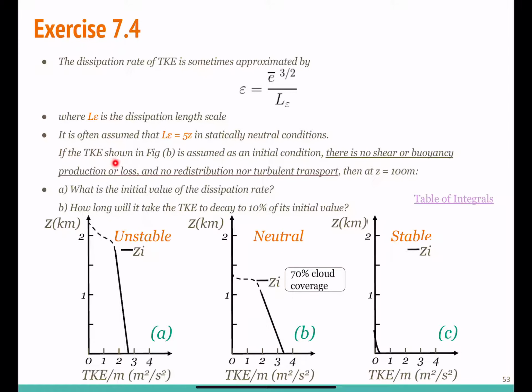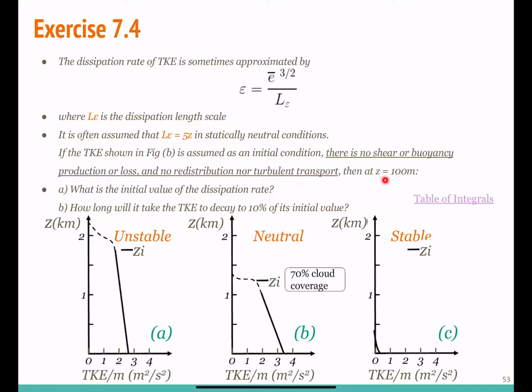If the TKE shown in figure B is assumed as the initial condition, there's no shear or buoyancy production or loss, so we can safely assume that the two terms which could generate turbulence are 0. No redistribution or turbulent transport, so all other terms are 0.